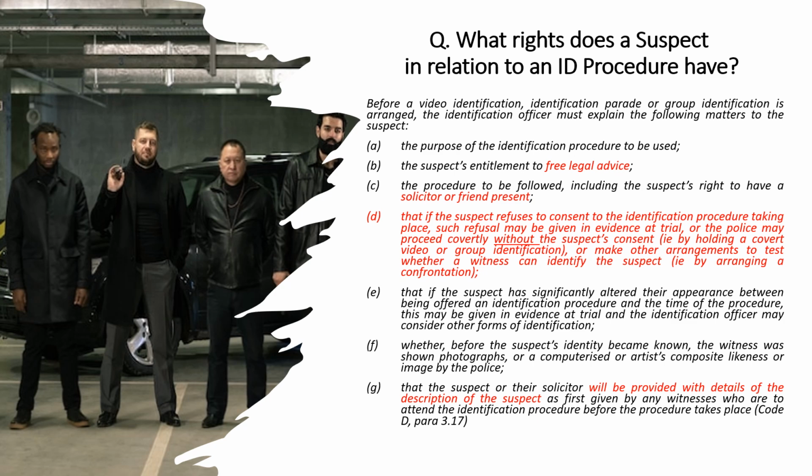And G, that the suspect or their solicitor will be provided with details of the description of the suspect as first given by any witness who are to attend the identification procedure before the procedure takes place. And please pay careful attention to all these points, particularly D.